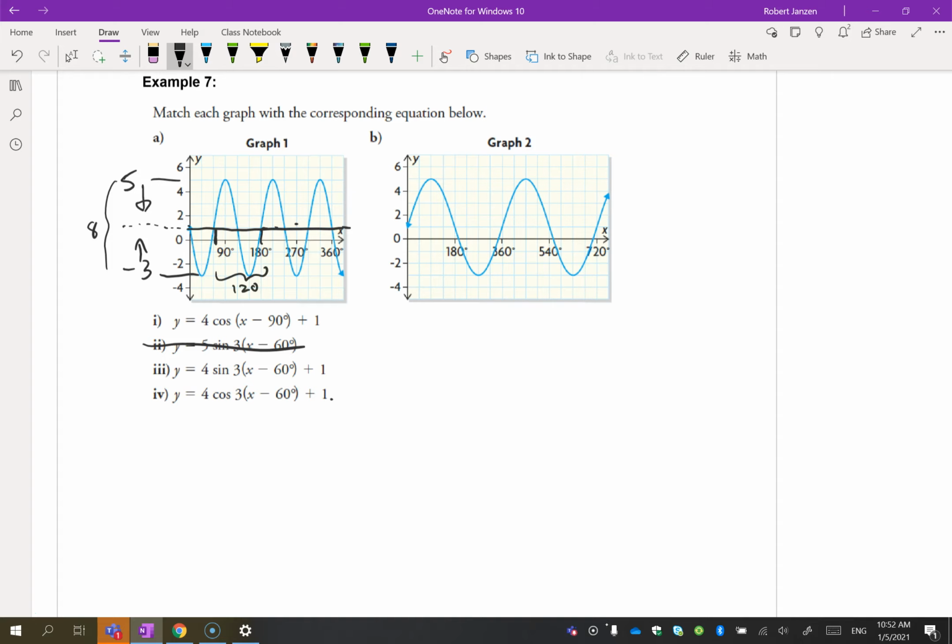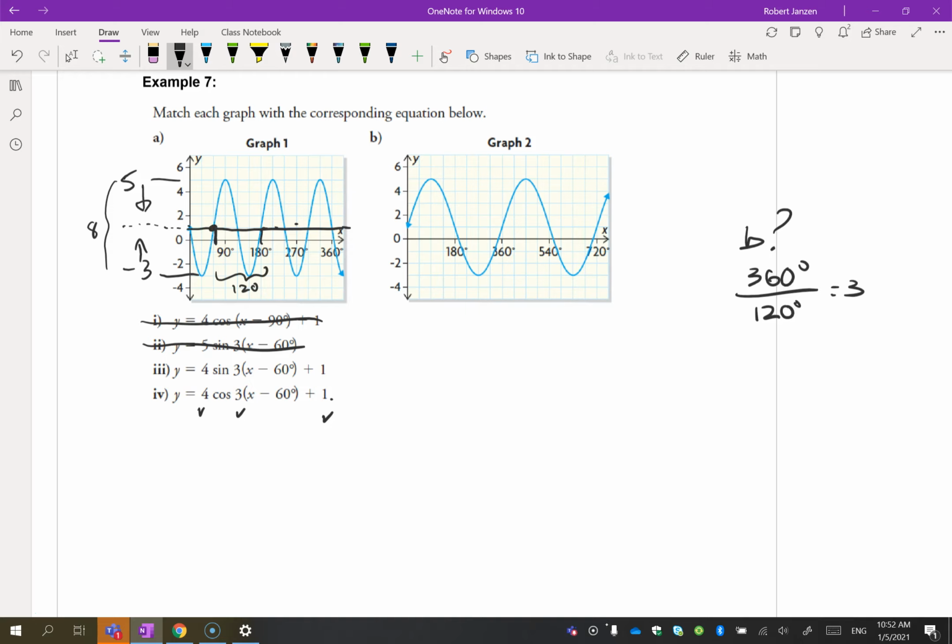Okay, so let's figure out what is B. To figure out B, I take the original 360 period divided by what the actual period is, and I get 3. Okay, so it's going to be one of these two. Okay, because now I have the amplitude correct, I have the midline correct. I just have to decide, is this a sine graph or a cos graph?